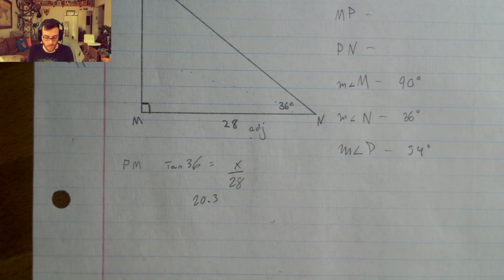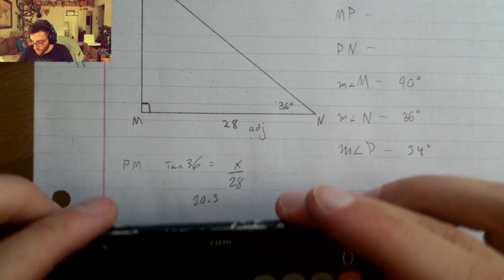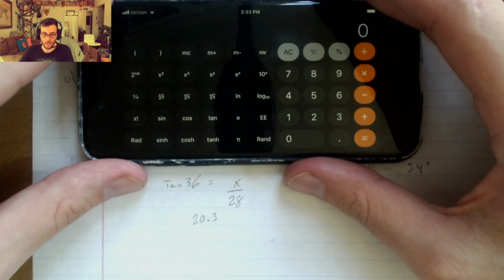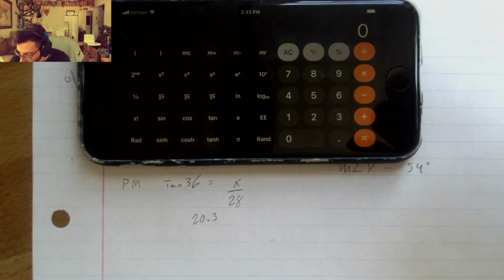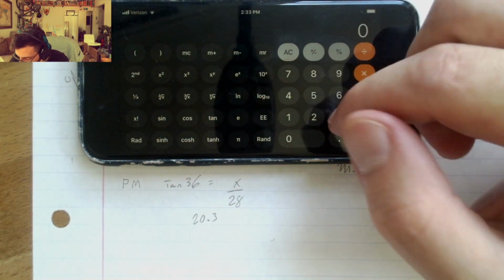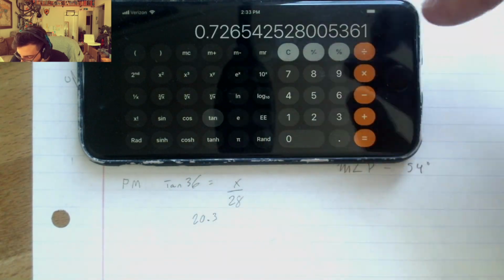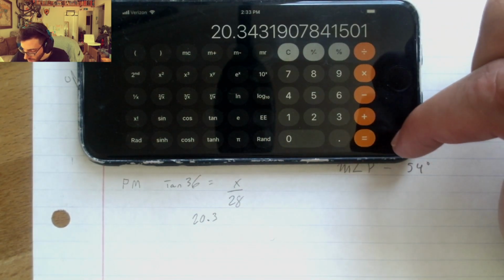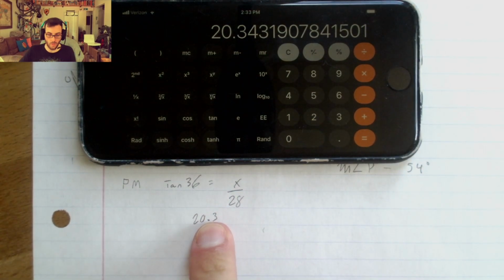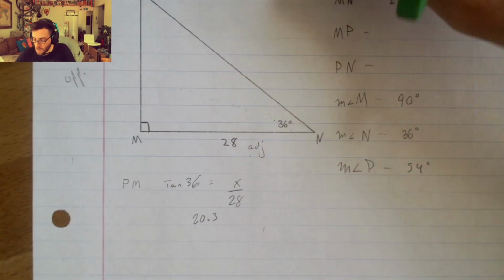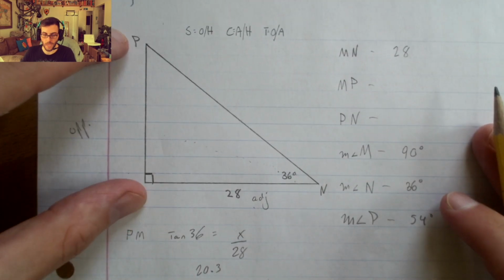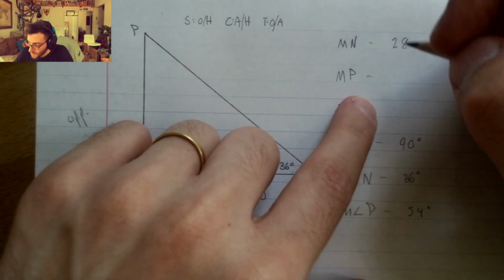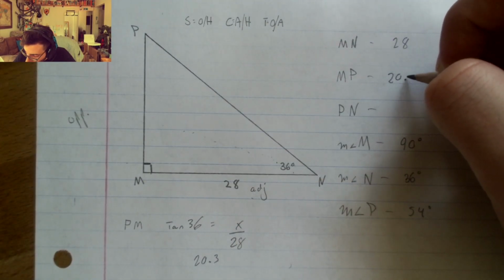If we're going to use our calculator, once again, this is always dependent upon the specific unit you're using, but if I do tan 36, multiply it by 28, I get about 20.3, equal to side PM.